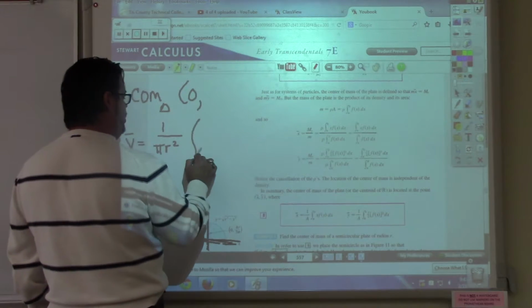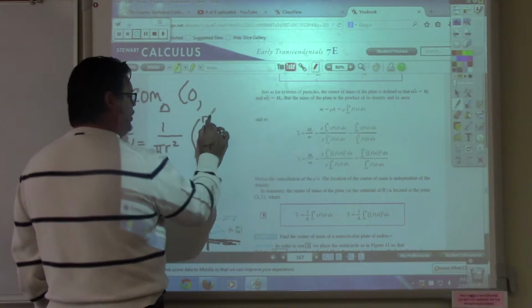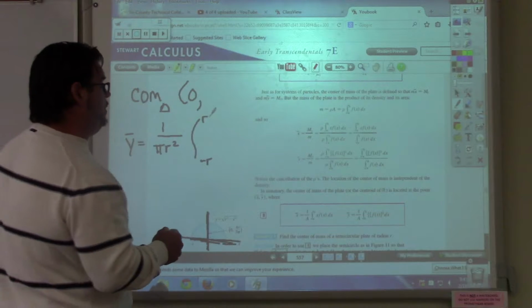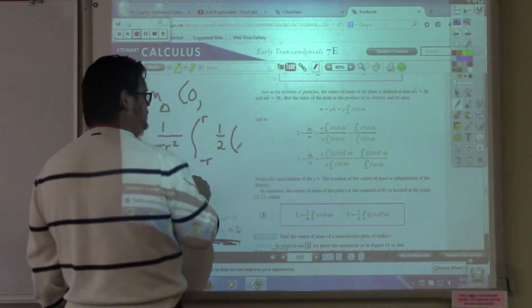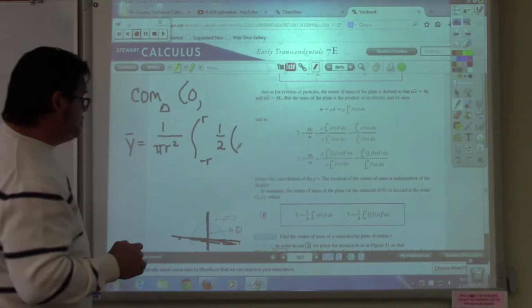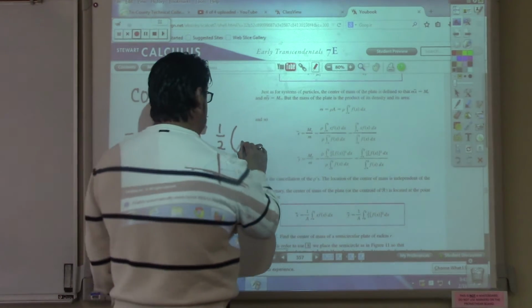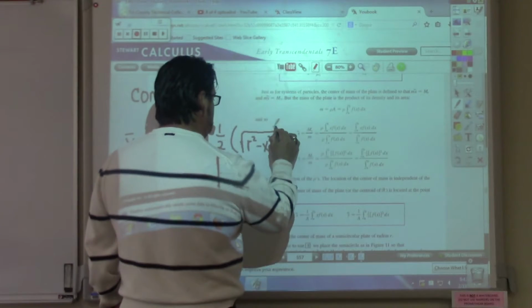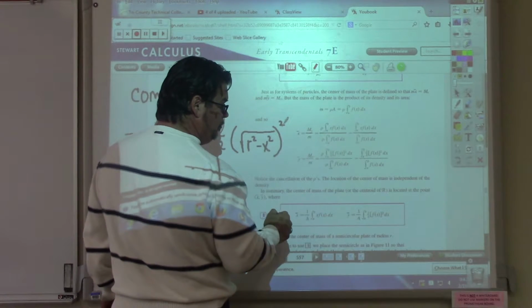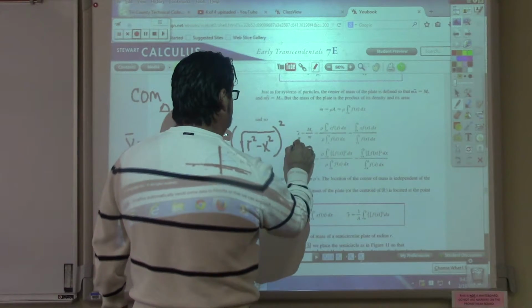From negative r to r of 1/2, and plug in the square root of r squared minus x squared, to the second power, dx.